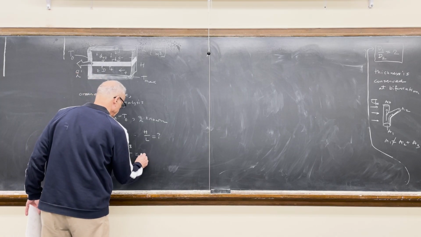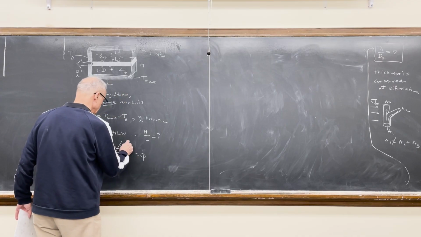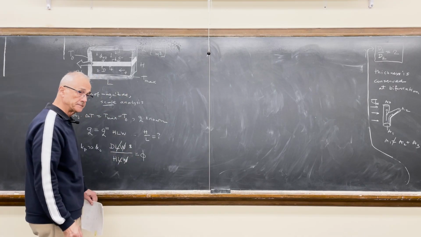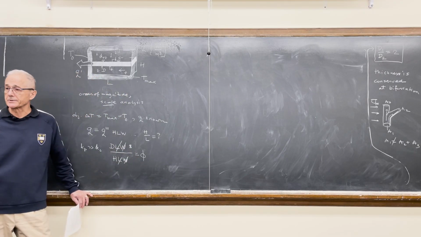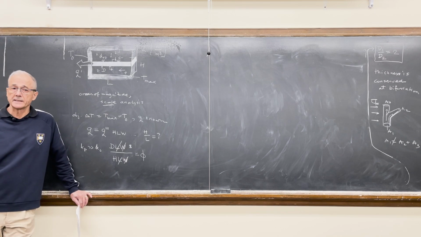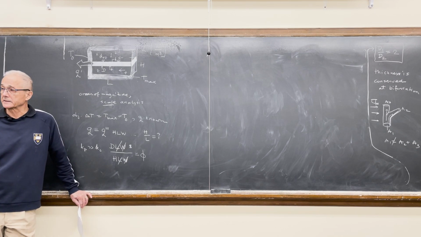And I called it phi. In other words, D over H is the volumetric fraction occupied by highly conductive material.